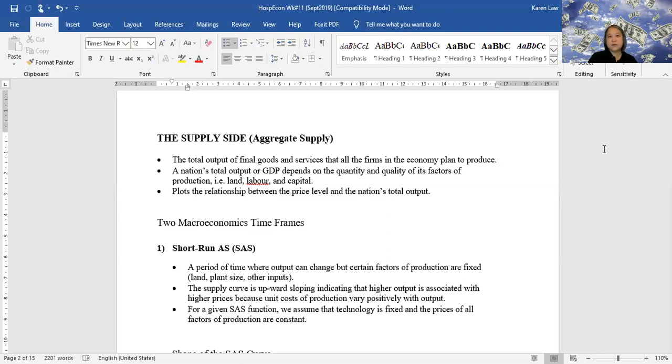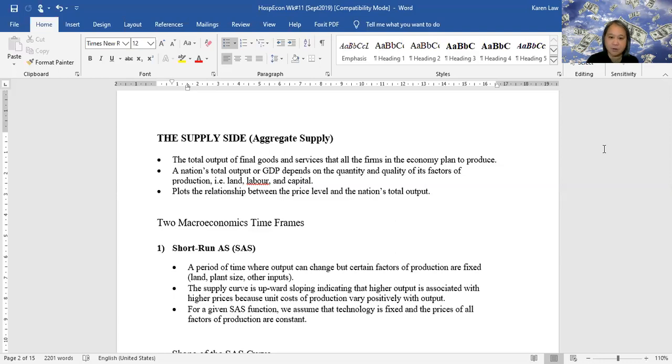When we move on to policy, of how our policymakers, i.e. the government or the central bank, can influence the economy, they don't do it on the supply side, but they do it on the demand side. So really, our focus moving into macro is mainly about the demand side, which is aggregate demand versus aggregate supply.